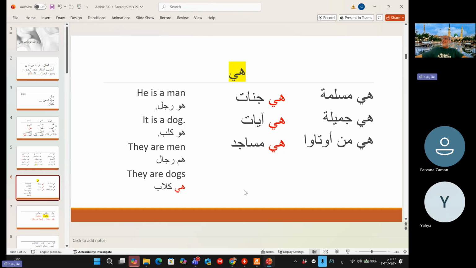But this is singular and this is plural, non-human. Because it is plural non-human, we can still use hiya with it. هي آيات، هي كلاب. And you will have this many times in the Quran.